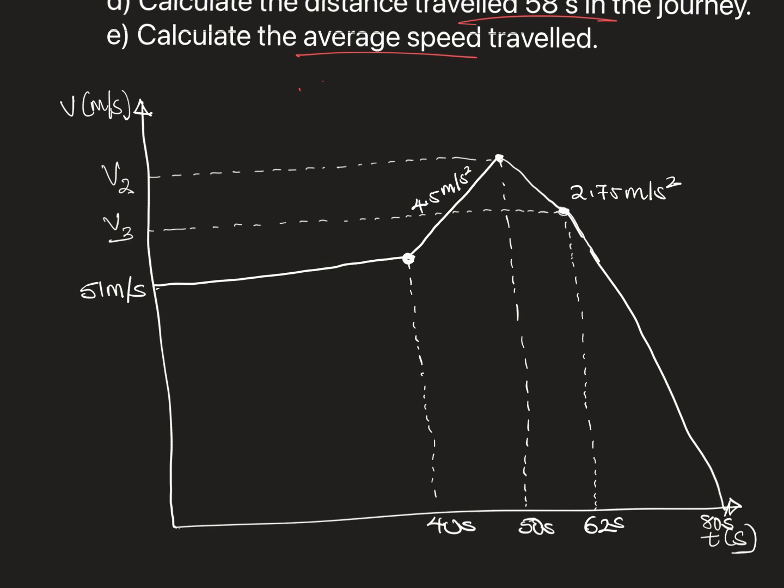So in summary, the final velocity of the previous event will serve as the initial velocity of the successive event. The final velocity for the first event will be the initial velocity for the second event. The final velocity for the second event will be the initial velocity for the third event.